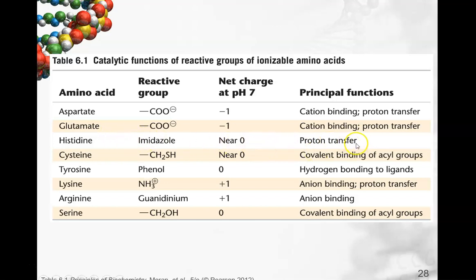So a lot of times you'll see histidine in active sites because it's involved in proton transfer. When we get to looking at covalent catalysis, you'll see that cysteine and serine, if they lose their protons, are able to serve as nucleophiles, and when they do that, they form covalent bonds. So both of those are able to do that. So we'll have some examples to illustrate that.